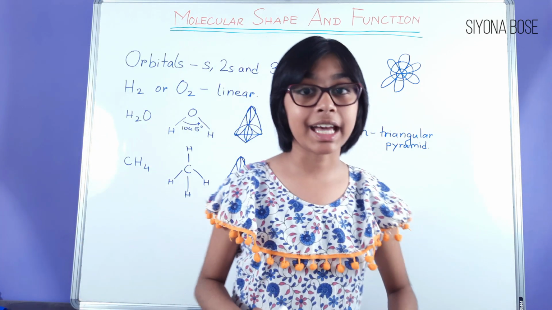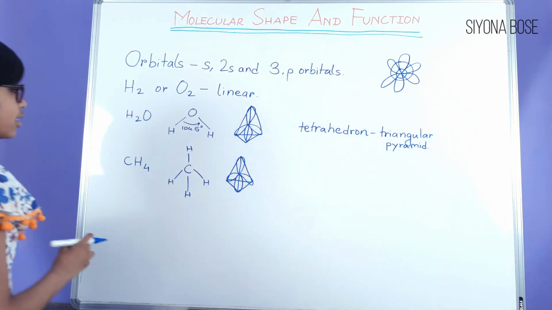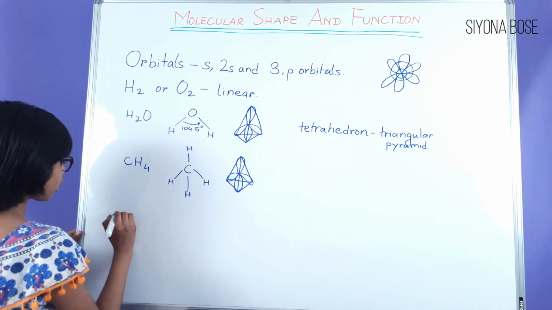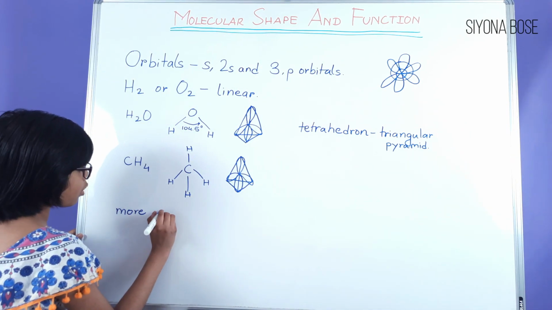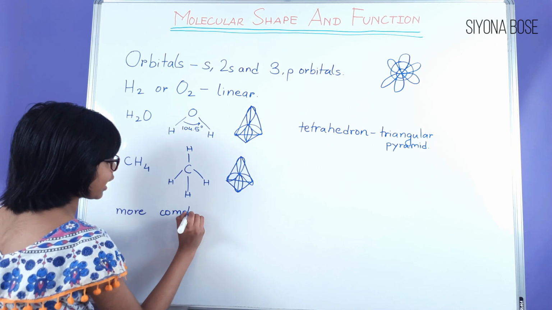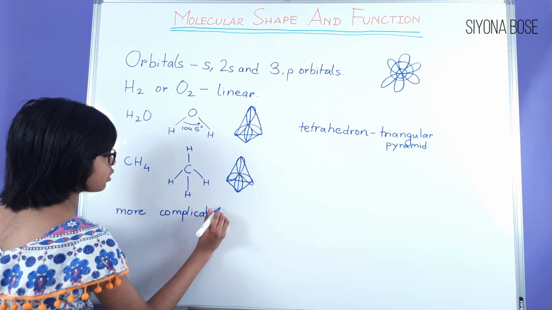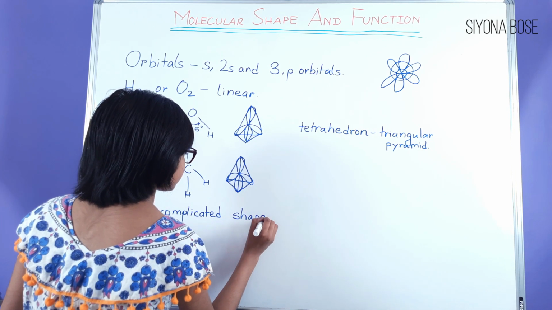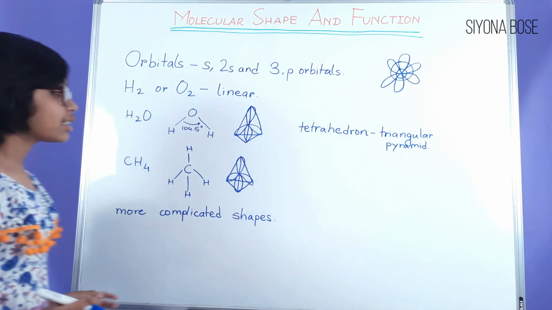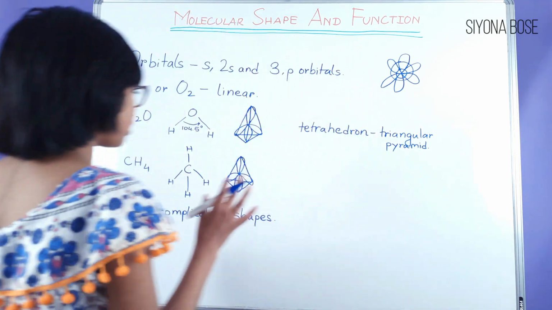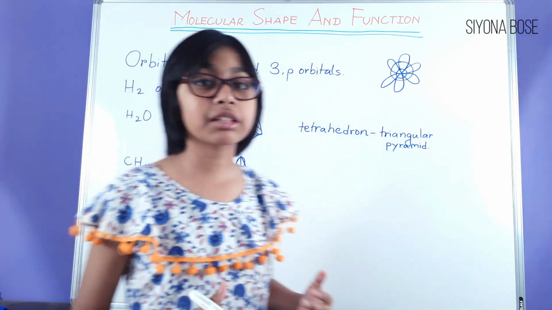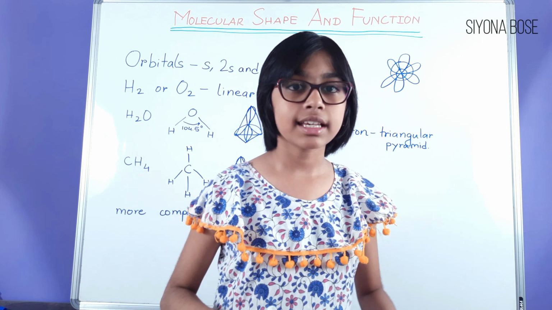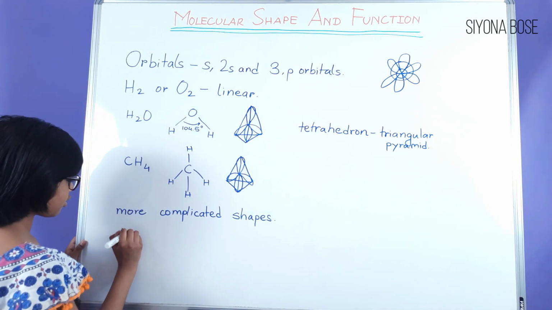So methane is the perfect tetrahedron, but bigger molecules just beyond this will have more complicated shapes. But the tetrahedron will be a recurring motif, a pattern for the more complicated molecules.